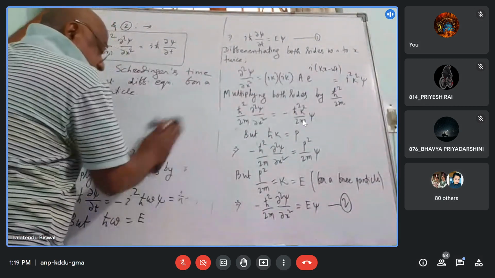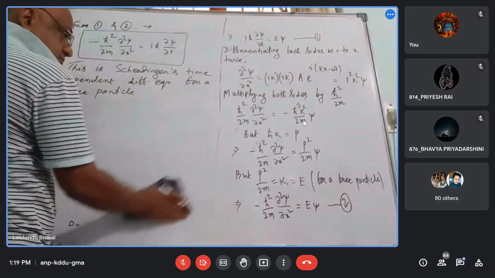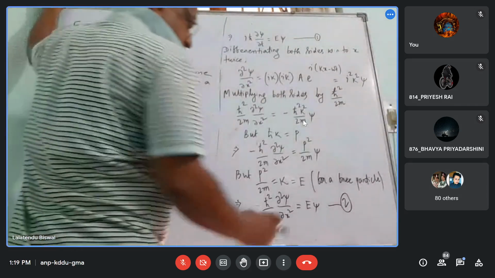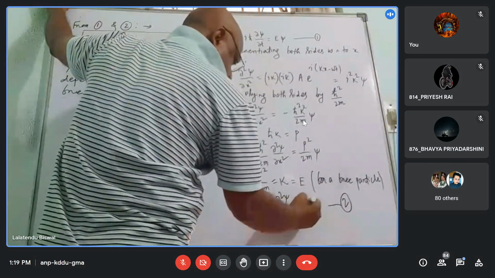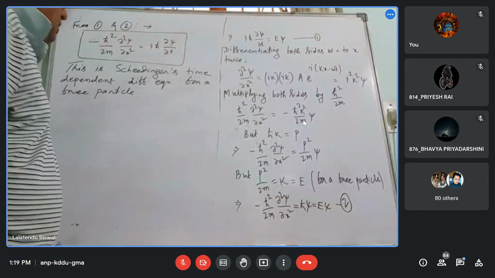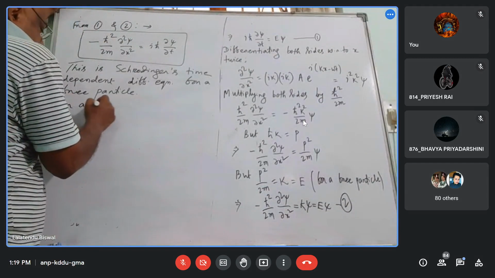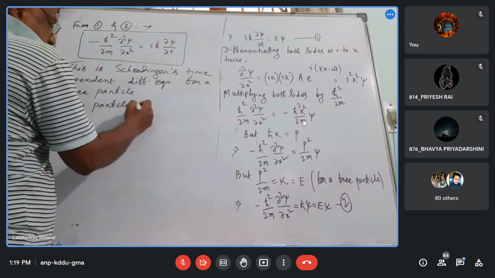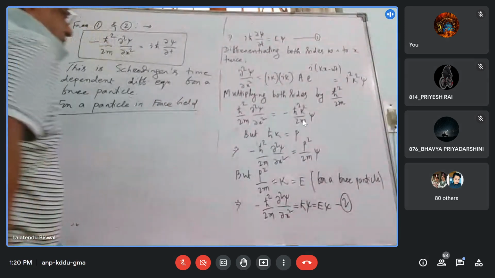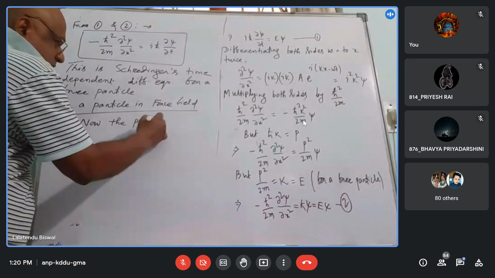But for a free particle, because we started with a free particle... if the particle is not free, if it is under the action of a force field, do one thing: do not write equation 2 this way, write it as k psi is equal to E psi. K is equal to E for a free particle, but for a particle in a force field, if a force is acting on the particle, now the particle will possess potential energy.